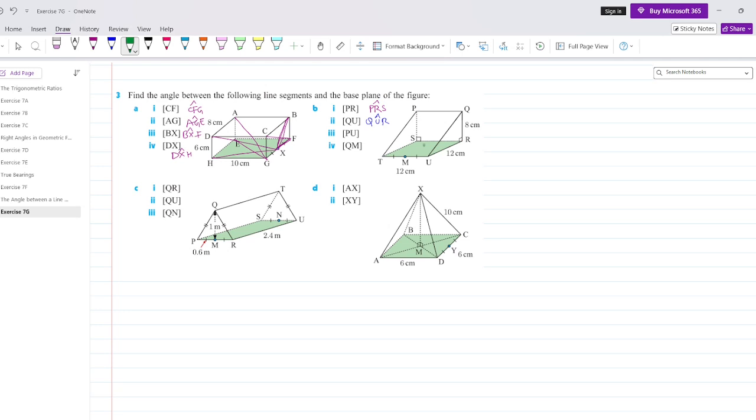PU is this line, its projection is going to be SU, therefore the angle is going to be PUS. QM is this line, its projection is going to be RM, therefore QMR is the angle.